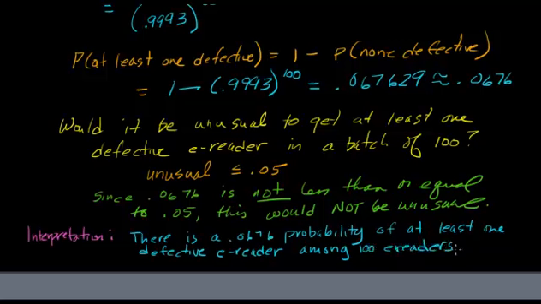That's what we found for this brand, Bookworm brand of e-readers. So in conclusion, that's what we can say. There is at least a 0.0676 probability of at least one defective e-reader among 100 e-readers.